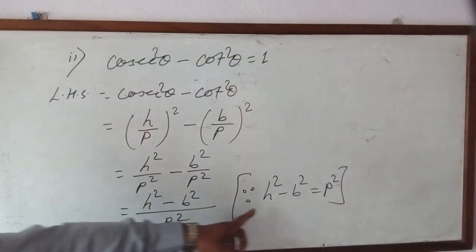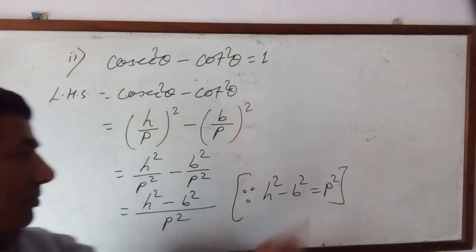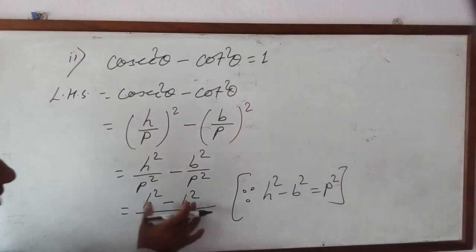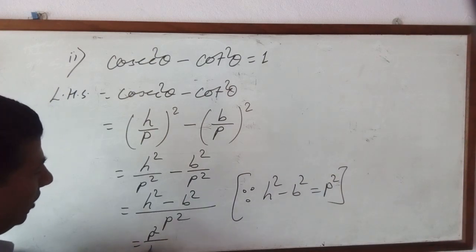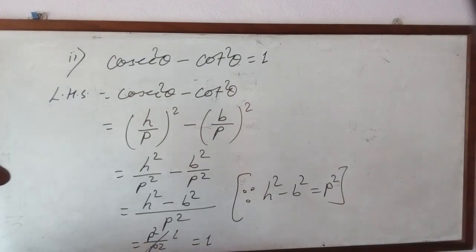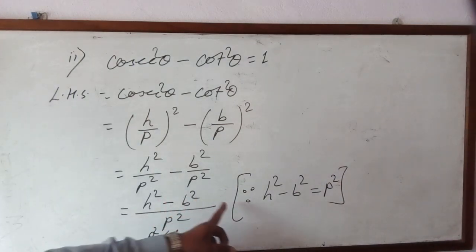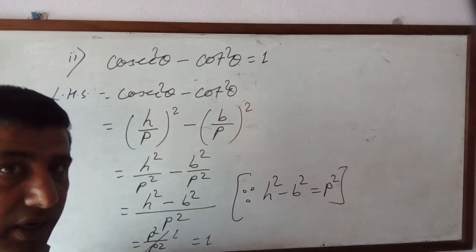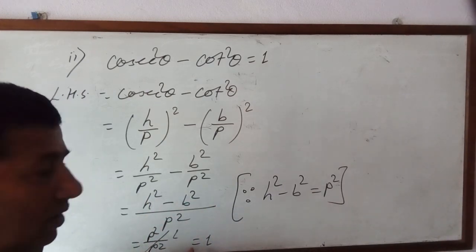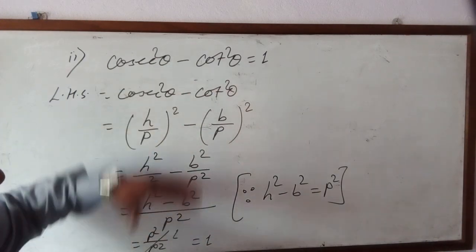In place of this write p square, then it will be p square by p square, they cancel, equals to 1.